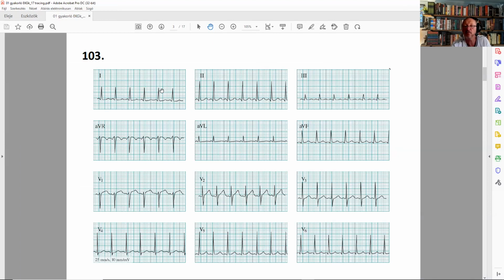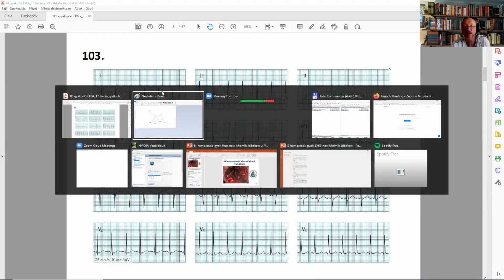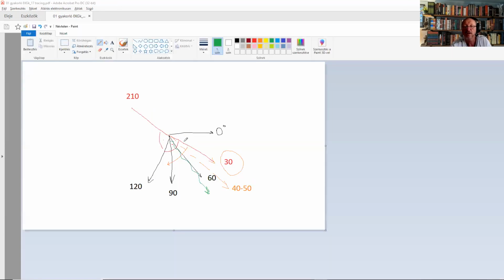However, lead number 1 is bigger, meaning that the axis is closer to lead number 1. So this is why you go around 10 degrees or 50 degrees, and you are here again.